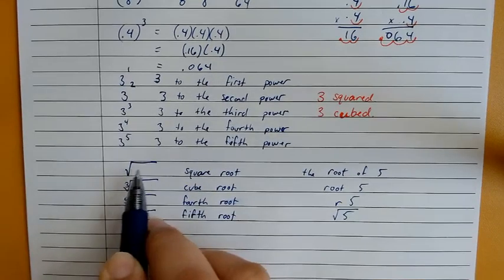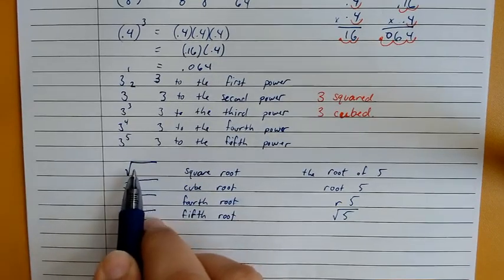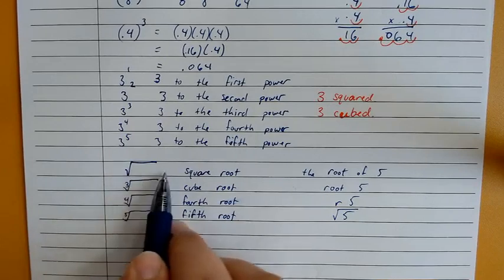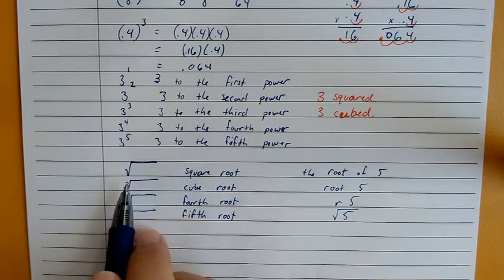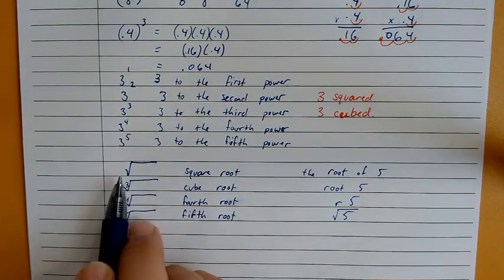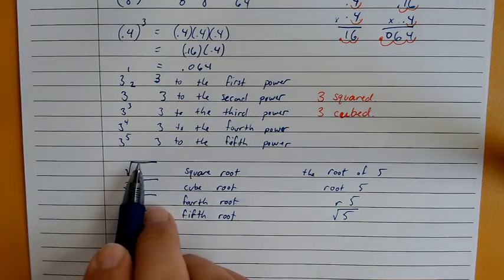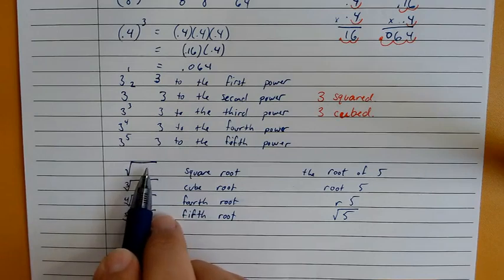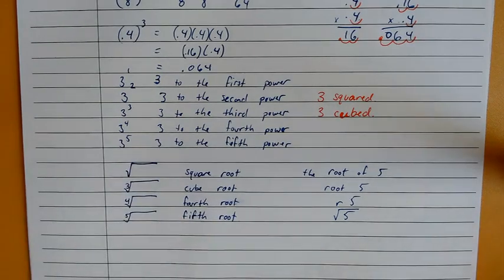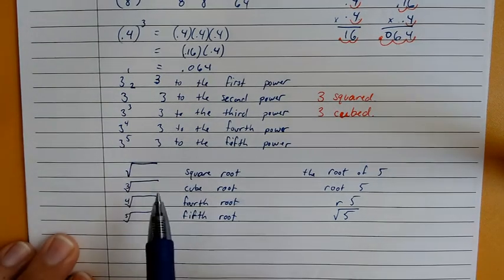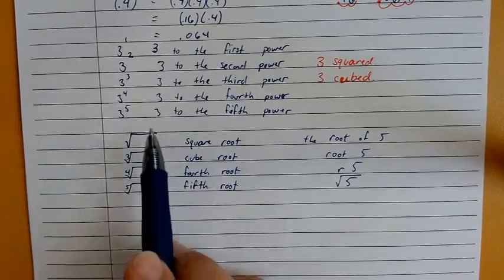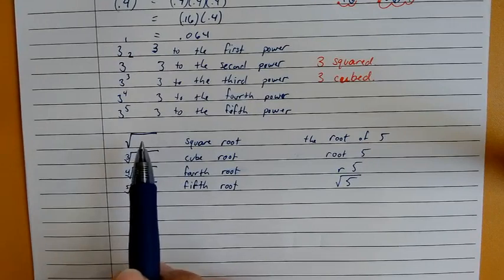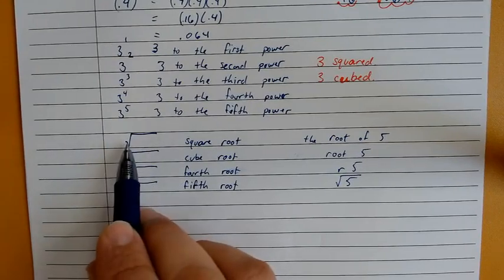Whatever is in here, you might have just one number, or later on we'll have bigger expressions. Everything that's underneath this bar is being subjected to this operation. So in a way, it acts like parentheses. Anything in here is being held together. Whenever you deal with roots along with other operations, we're going to treat these as if they were parentheses.